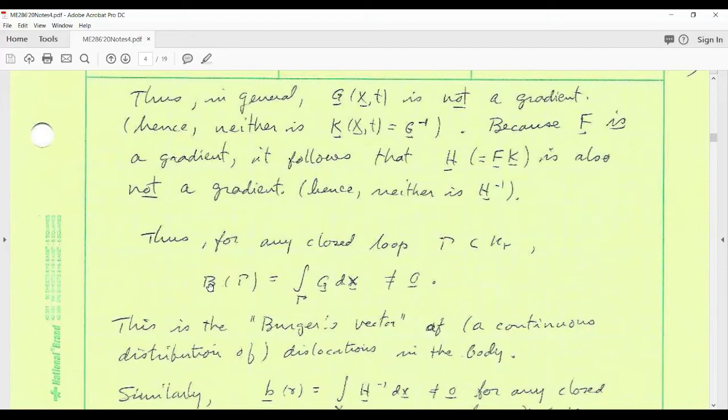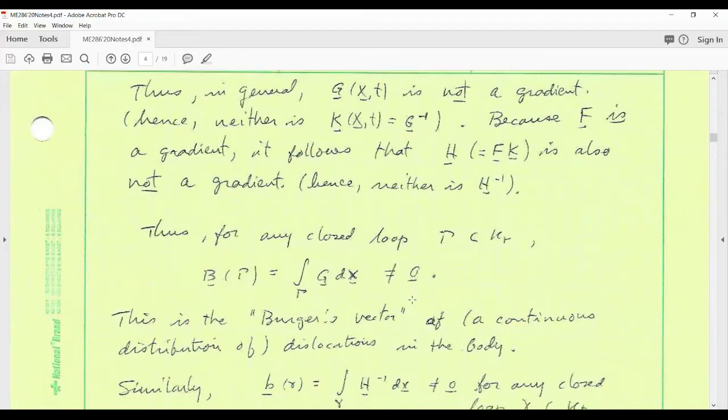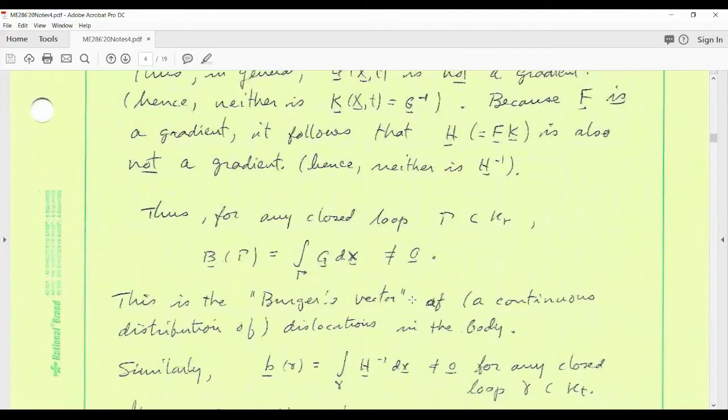We'll get something we'll call B associated with that loop. And that's called the Burgers vector induced by plasticity. And we'll relate this shortly to a dislocation density. So this is the Burgers vector associated with a distribution of dislocations contained within this loop gamma.